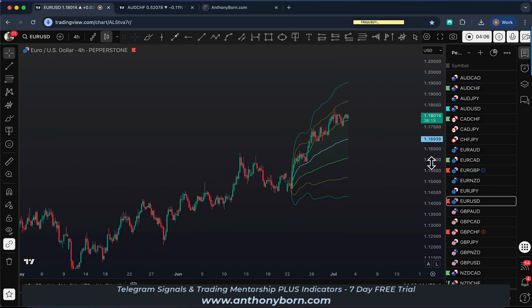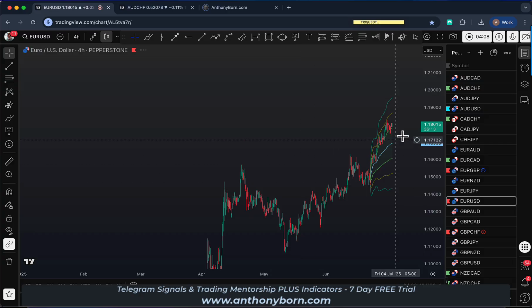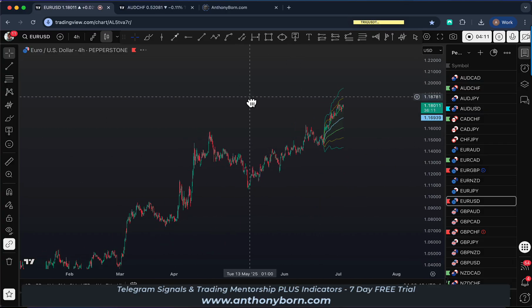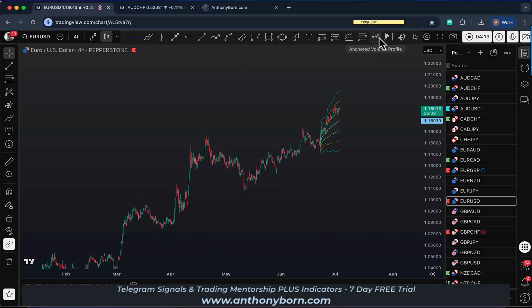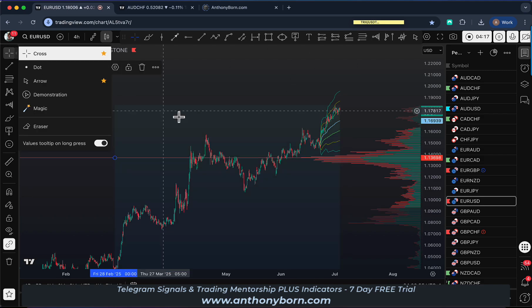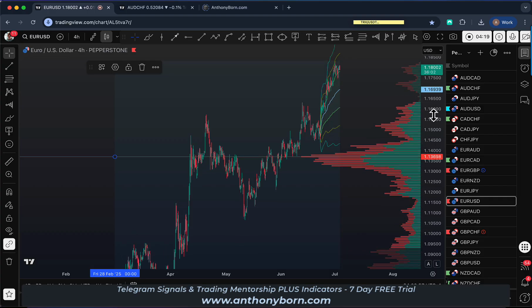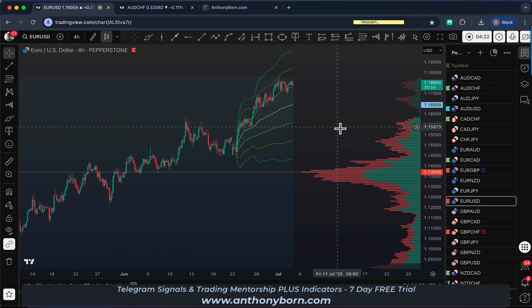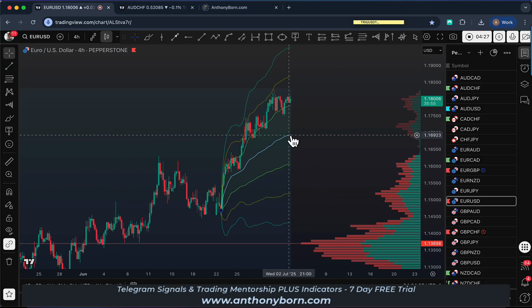The other tool that I quite like to use is the anchored volume profile. All these anchored tools, TradingView is just awesome. They really do have a great platform. Watch out for these nodes that stick out.